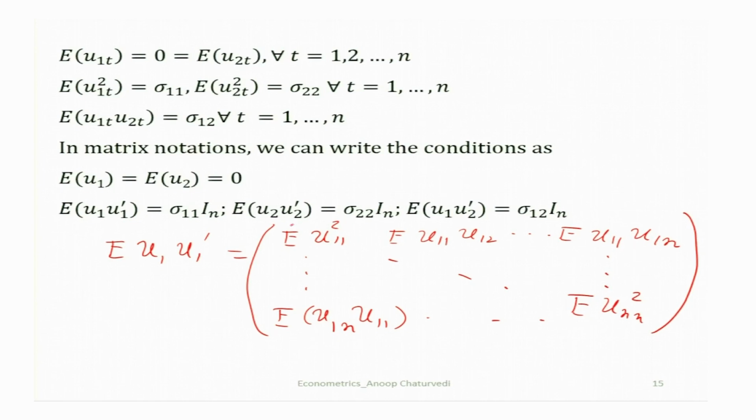Then expected value of u11 square is sigma 11, and the off-diagonal terms are 0. So in the diagonal you have elements sigma 11, off-diagonal elements are equal to 0, so you write it as sigma 11 I n. Similarly, expected value of u2 u2 transpose equals sigma 22 I n, and expected value of u1 u2 transpose is sigma 12 I n.